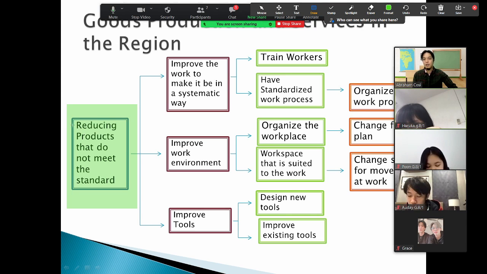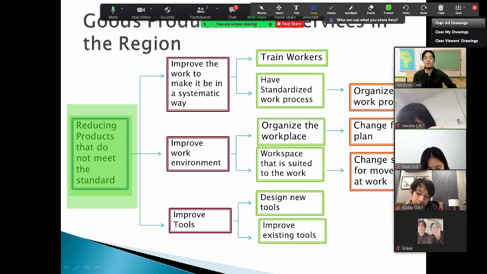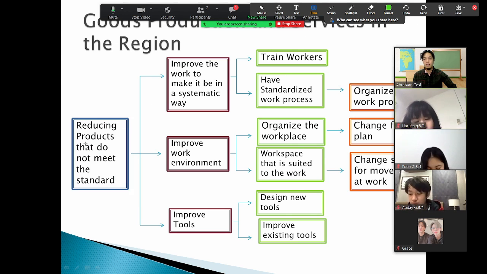The goal is to reduce the products that do not meet the standards. Meaning, we need to eliminate the products that are not of good quality. So how do we do that?